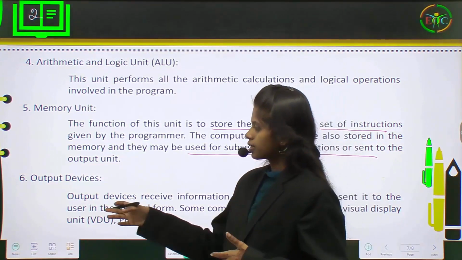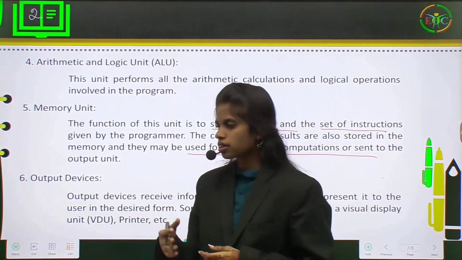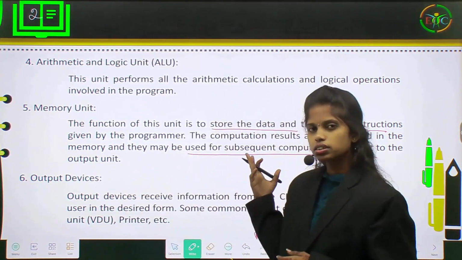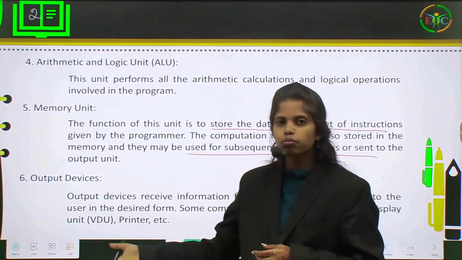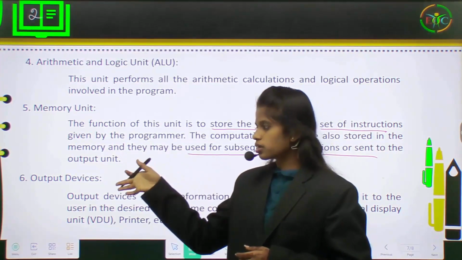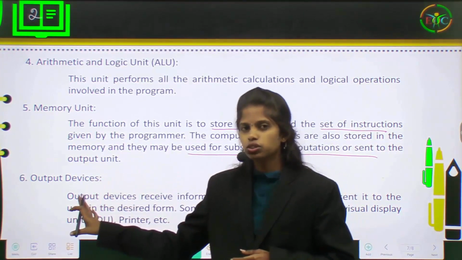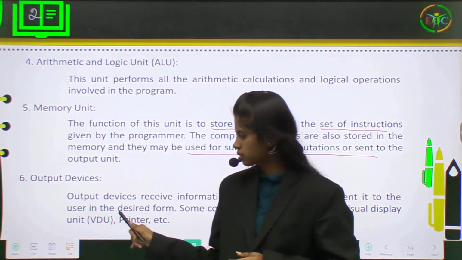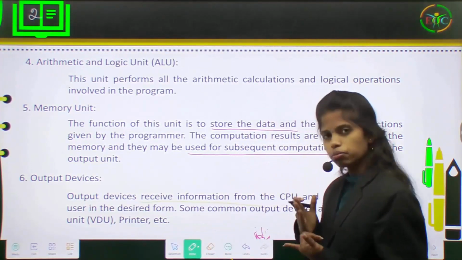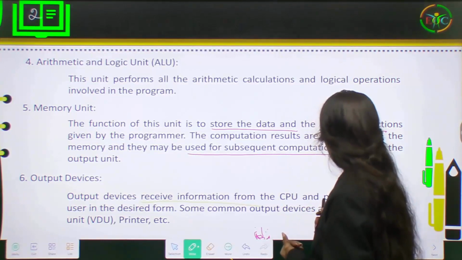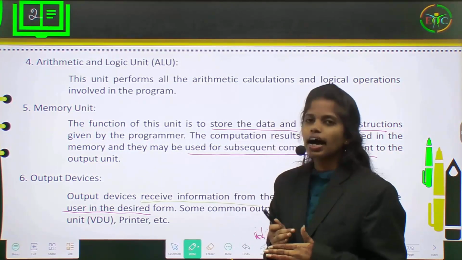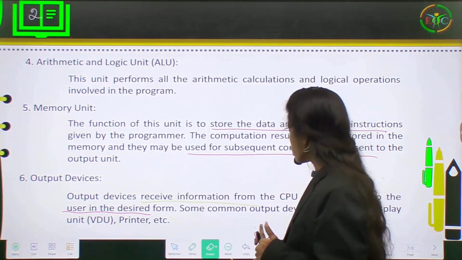Next come your output devices. As the name indicates, whatever processed information you have, you should show to the user. To show the user, you have devices used as output devices. The output device receives the information from the CPU and presents it to the user in the desired form, in a proper manner.